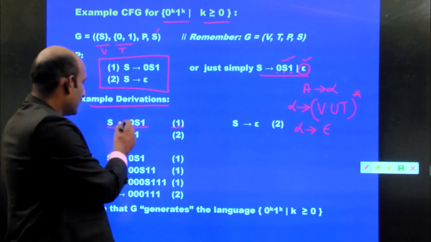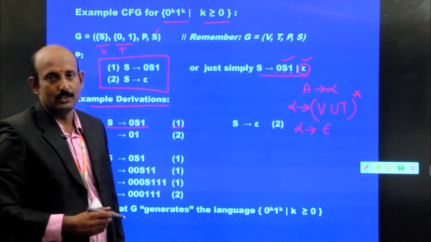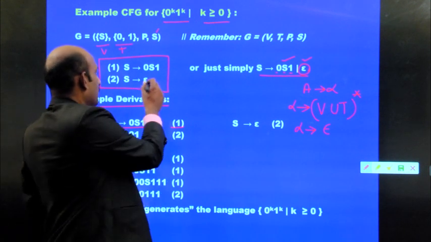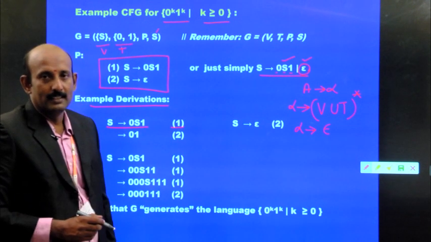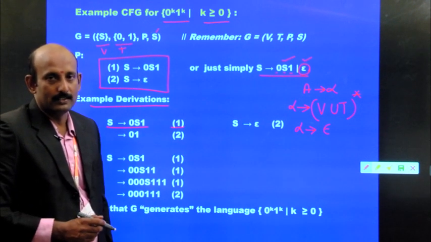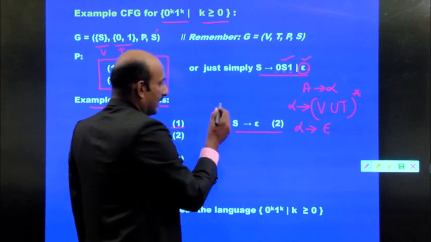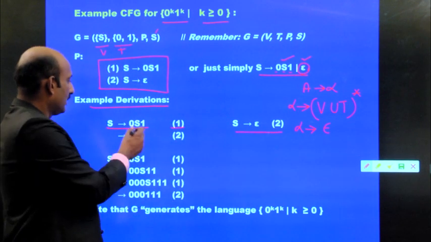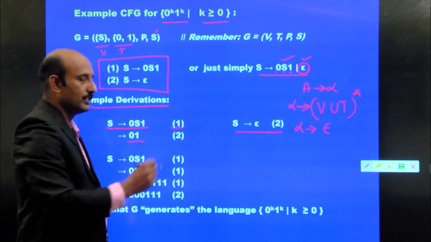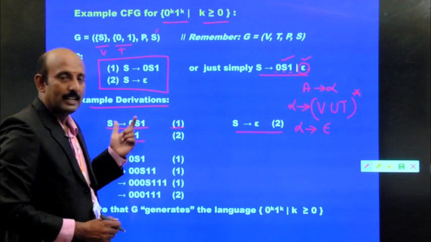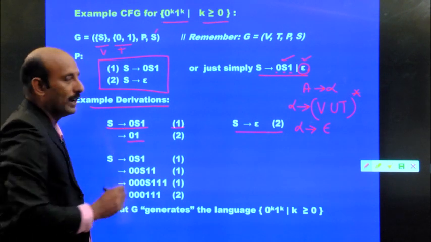Take the first production, S implies 0 S 1. Now take the second production, S implies epsilon. Substituting it, we get 0 1. So this grammar generates the string 0 1.